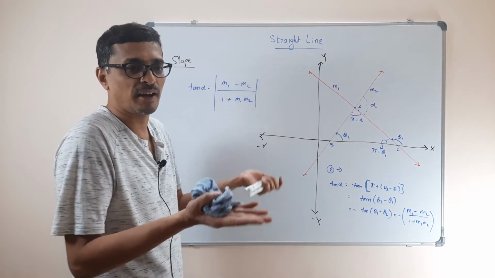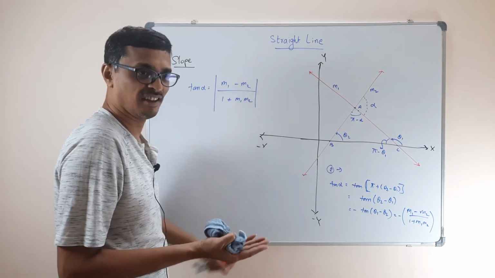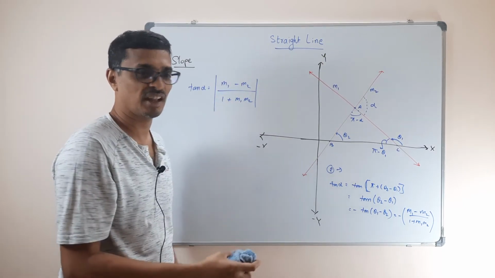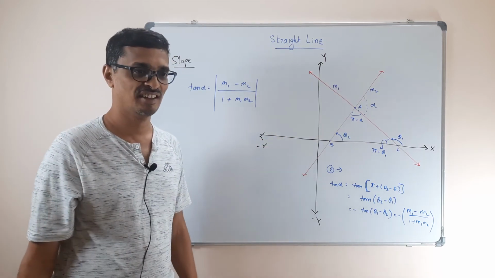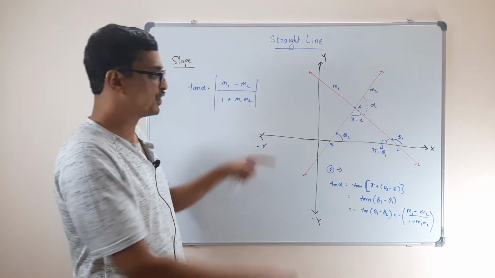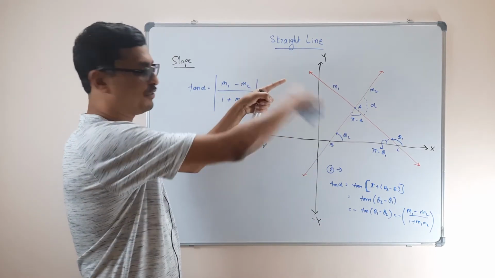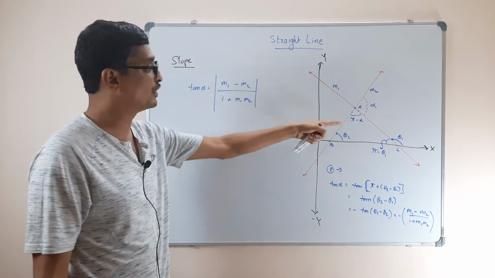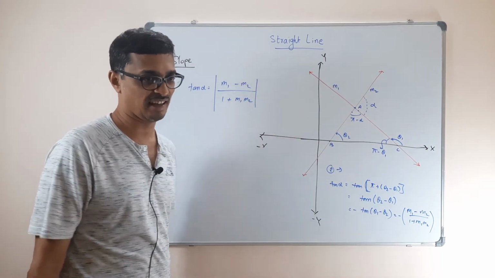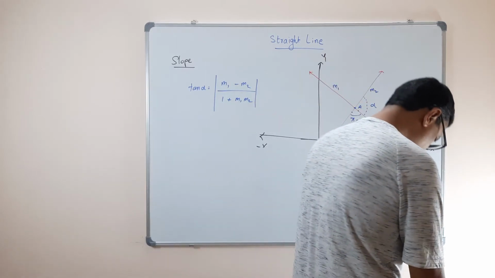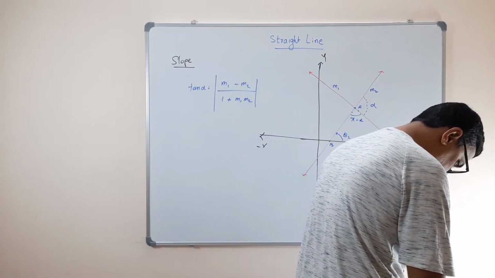If it is not minus 1, just use this formula, the difference m1 minus m2 over 1 plus m1 m2. That gives you the angle between the lines. That's why the slope formula is important. Even though you can define a line by its x-intercept and y-intercept, the moment you provide the slope, it relates to all the angles. This is lines in planar geometry.